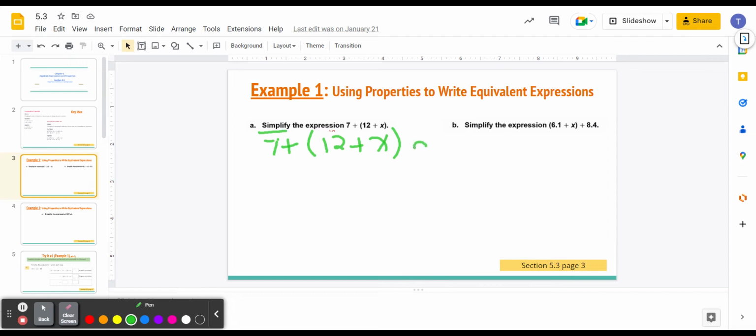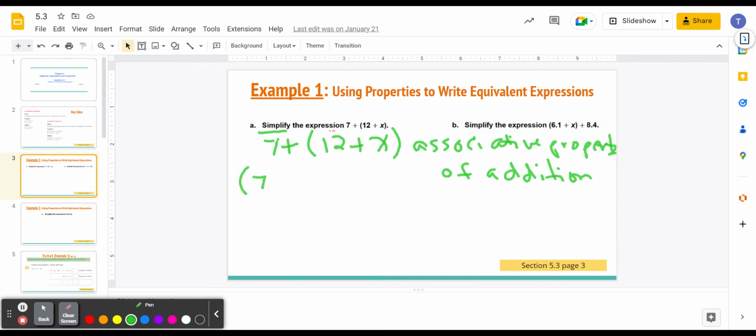So I would be working with the associative property of addition. You do have to write of addition or of multiplication, whichever one it is.